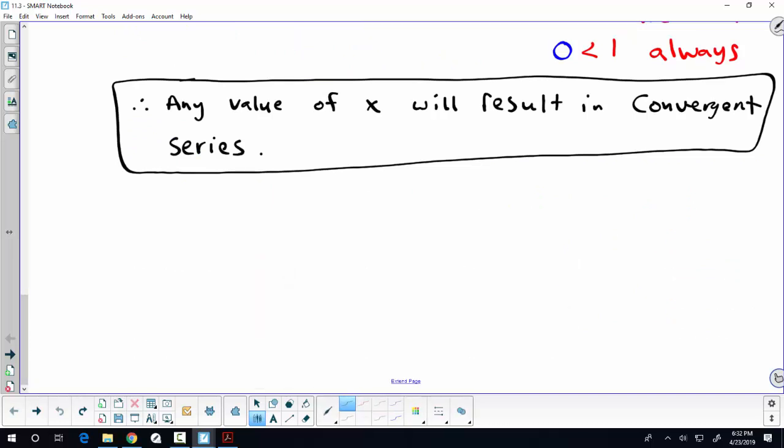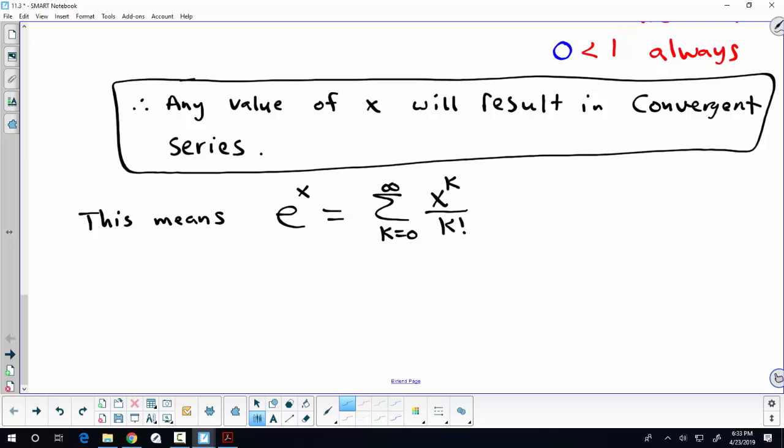we didn't get a chance to write this down. This means e to the x does equal the sum from k equals 0 to infinity of x to the k over k factorial for all x.